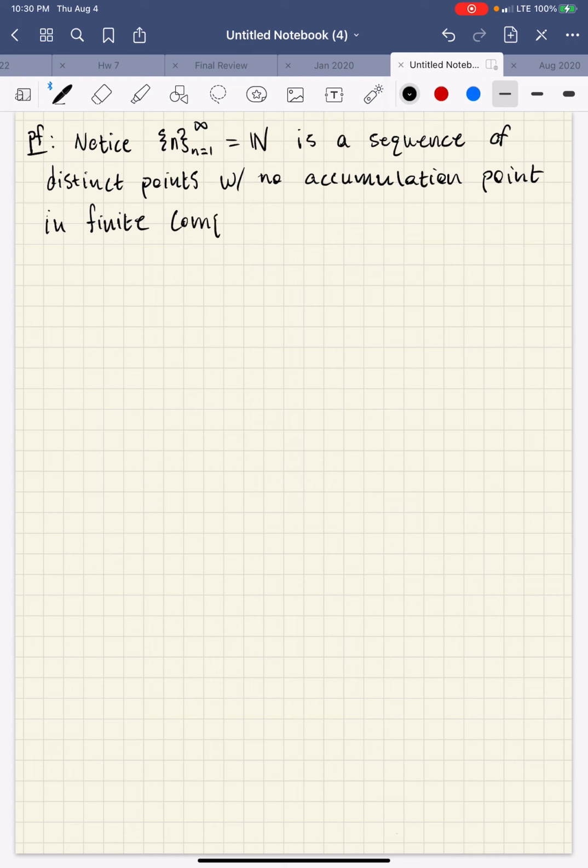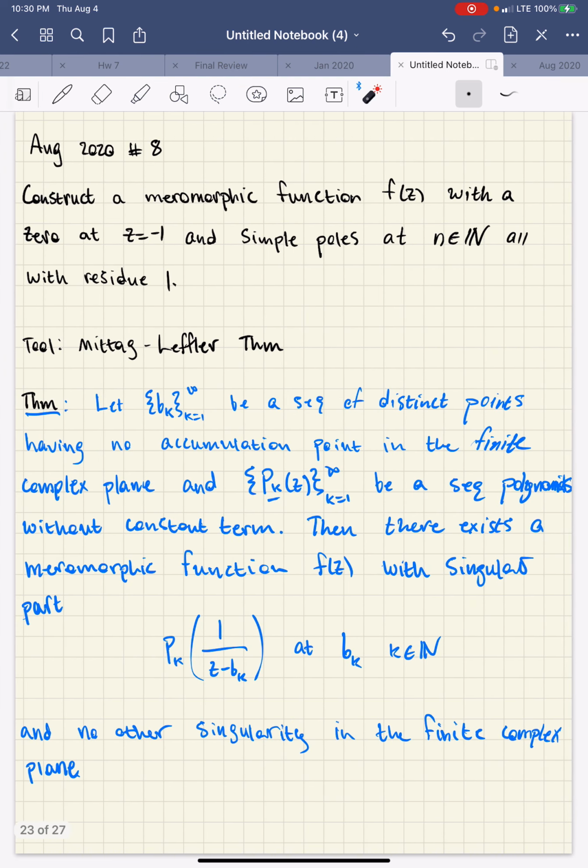So far, so good. We have what was in the theorem statement: these natural numbers are the b sub k's. So the next thing in the theorem requires the sequence of polynomials without constant term.